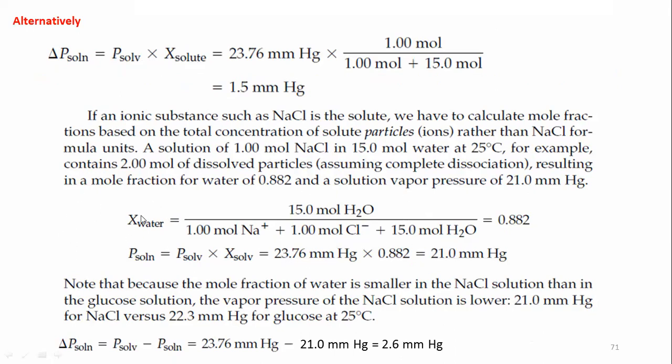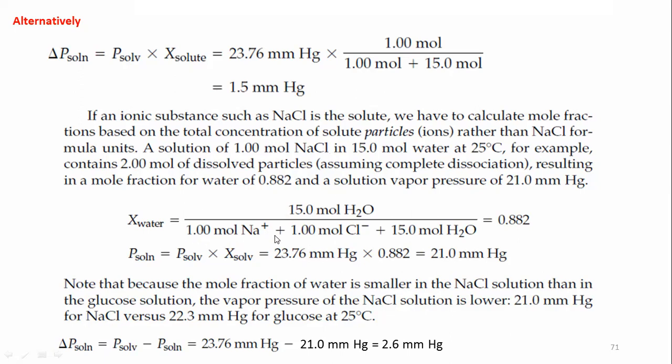Again, you first have to calculate the mole fraction of the water, or the solvent. Here there is a little bit of change to calculate the mole fraction of the solvent. It is again the moles of the solvent divided by the total moles, or the moles of the water divided by the total moles. The moles of water are 15. But if you add 1 mole of the sodium chloride, it will dissociate into 1 mole of the sodium and 1 mole of the chloride.